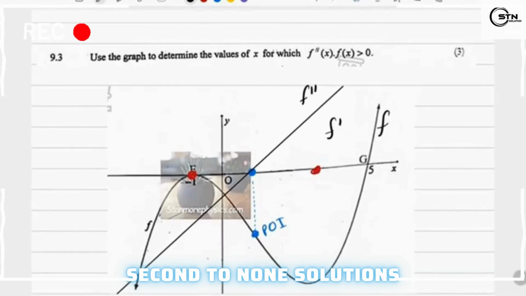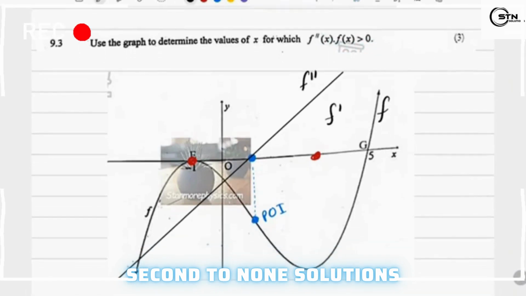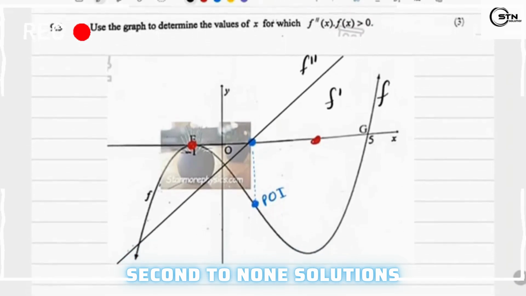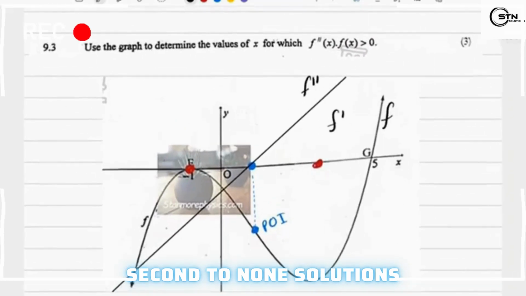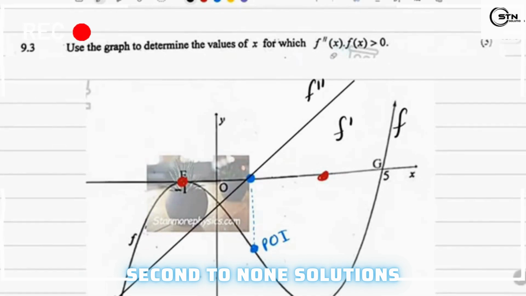So because they say f double prime of x multiplied by f of x must be greater than 0. So the straight line times the cubic must be greater than 0. On your graph, the only way you can find this is, please note that when they say f double prime of x, they're referring to the y values of that graph and the y values of this graph. When you multiply them, they must give you something positive.